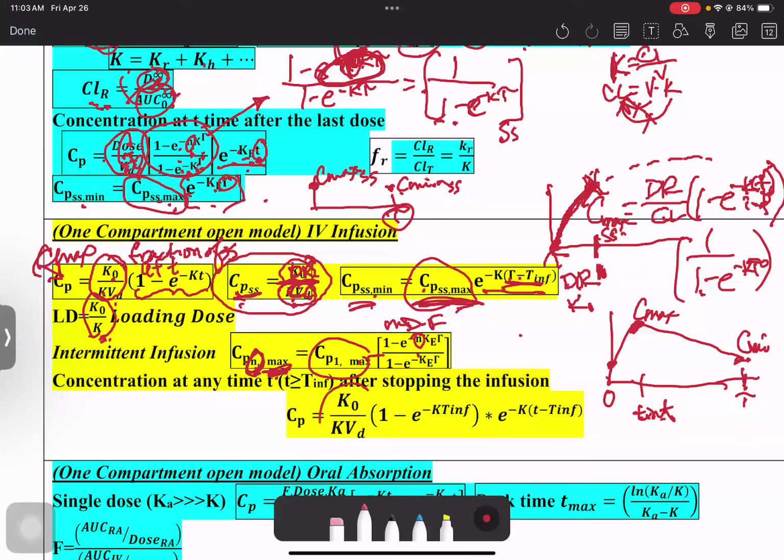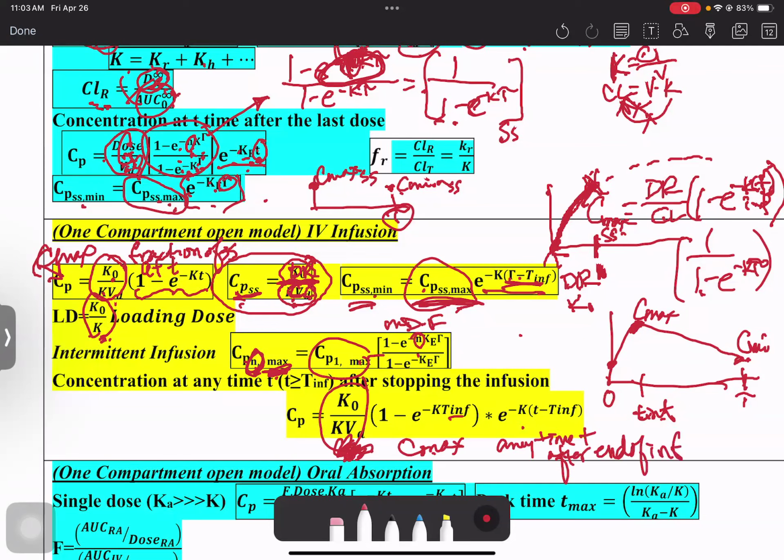And then of course, let's just use our detective. This takes us to C max once we add this in, and then this takes us to any time t after the end of infusion.